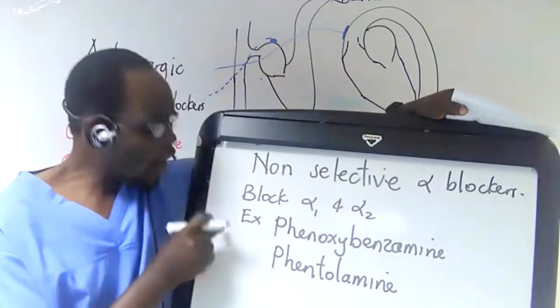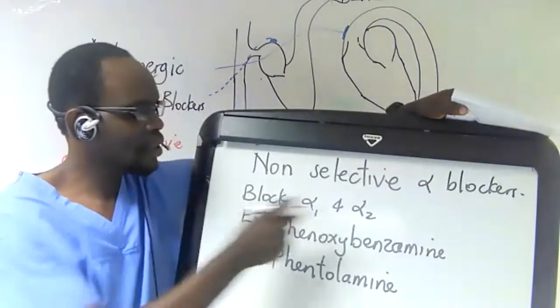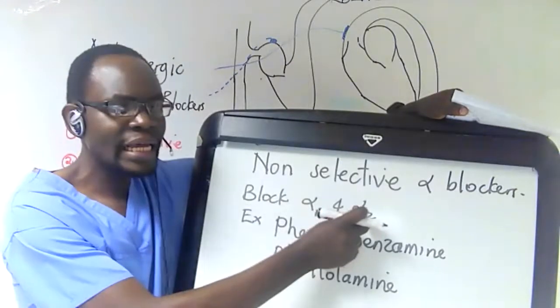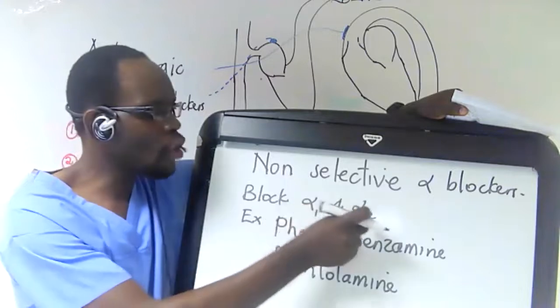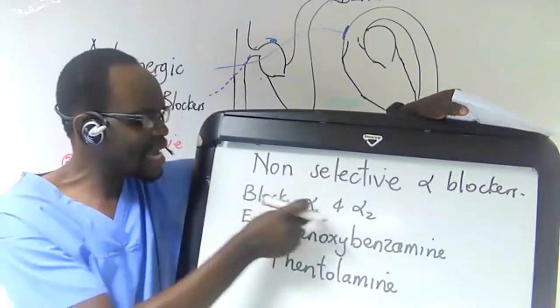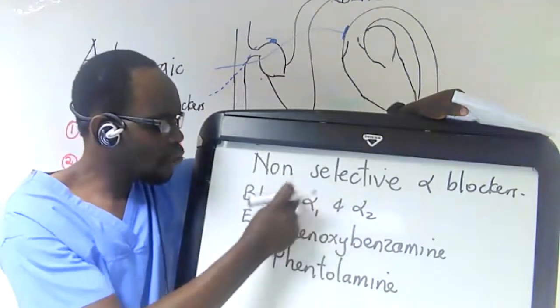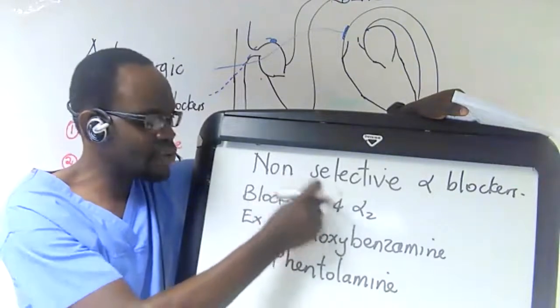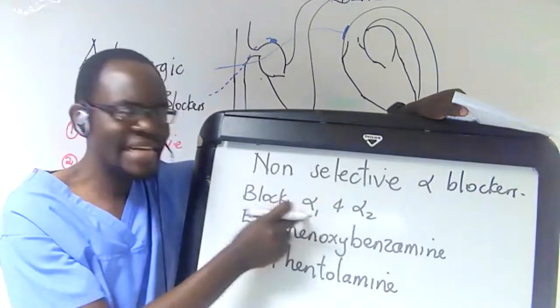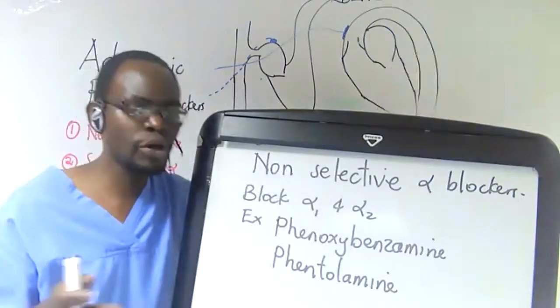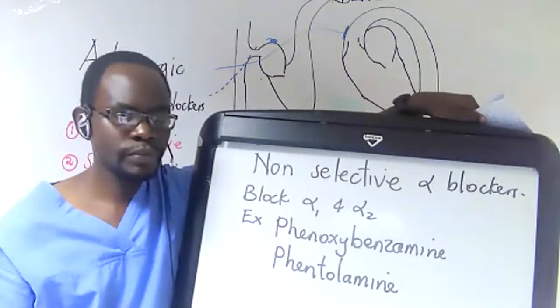Instead of blocking only alpha 1, they block even alpha 2. Remember, alpha 1 is located on the veins and the arterioles, so when they block that, you will have vessel dilatation.